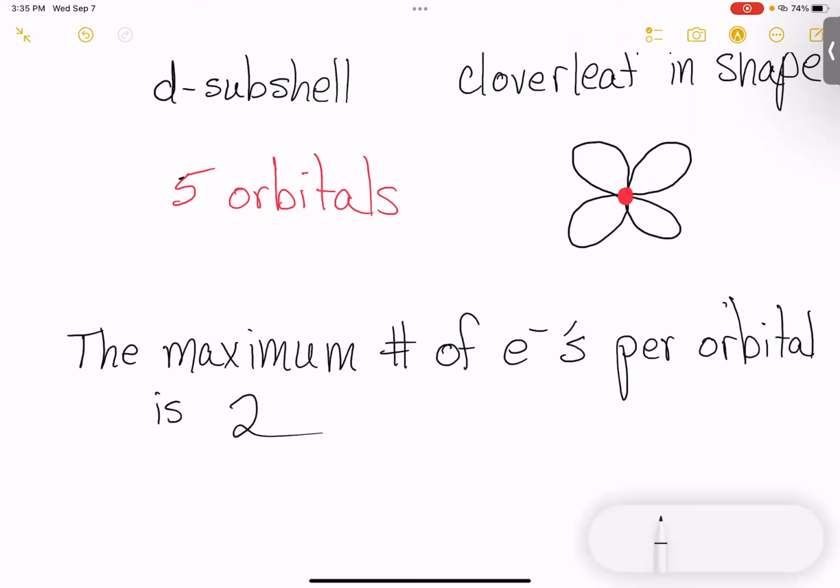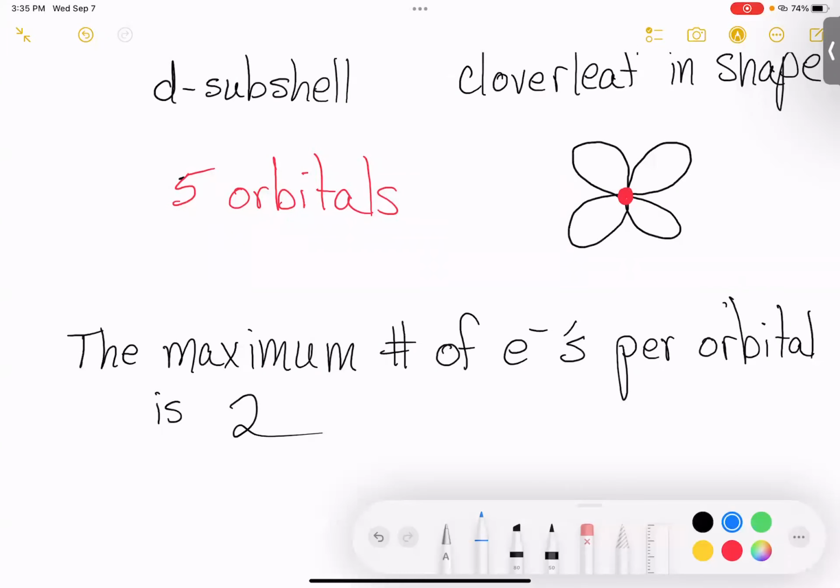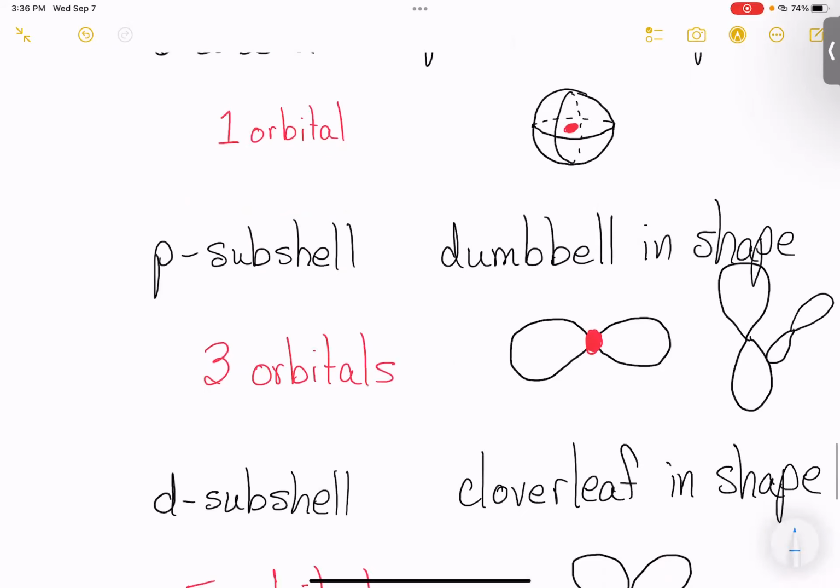So going back to what I was working with earlier with this new piece of information, if I only have one orbital, then my max electrons is equal to 2. If I have 3 orbitals, then the max electron is equal to 6 because each orbital can have 2. 2 times 3 is 6.